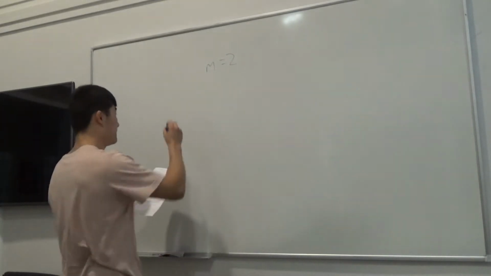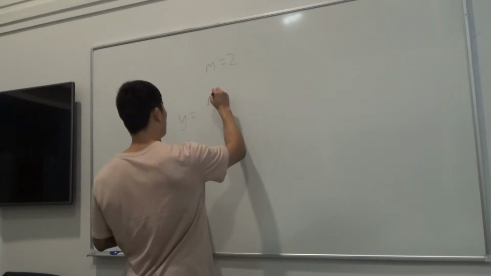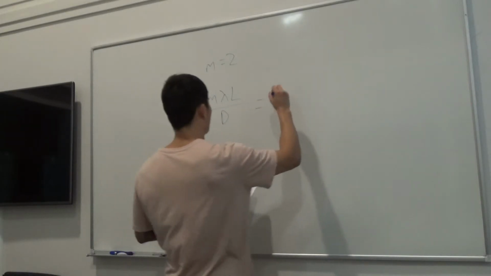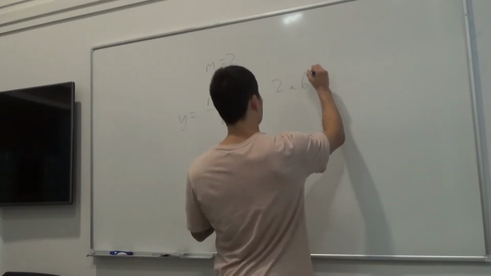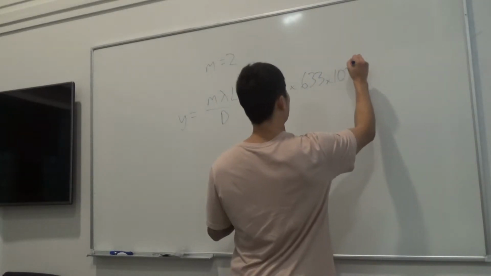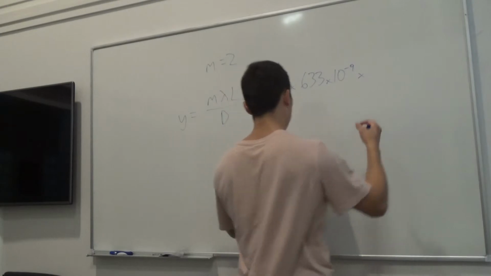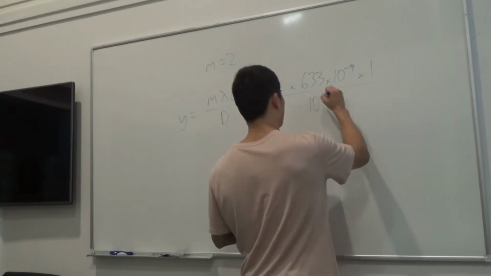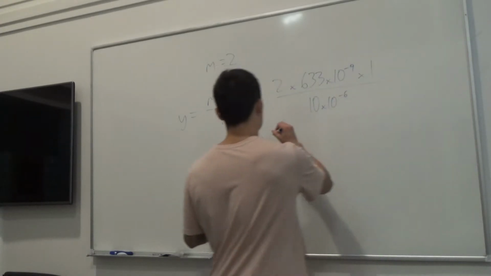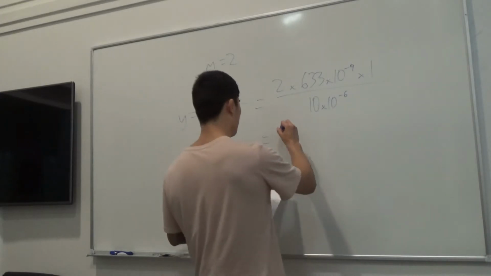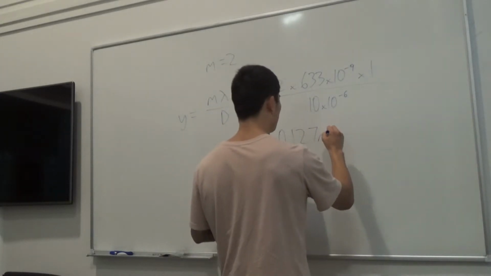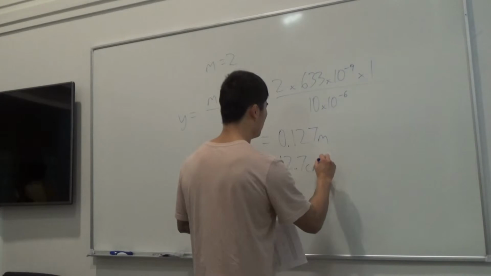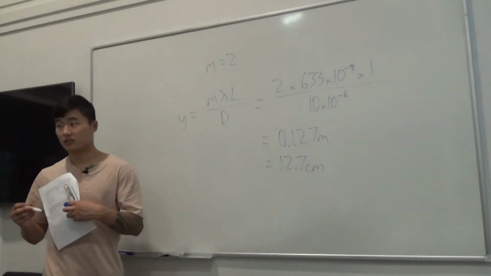We want to find the distance from the central maximum, so y is equal to m times wavelength times L over D. m is 2 times wavelength, which is 633 nanometers, so 10 to the negative 9, times our length, which is 1, over our slit width, which is 10 micrometers, so 10 times 10 to the negative 6. And that would be 0.127 meters, so that's 12.7 centimeters. Okay?